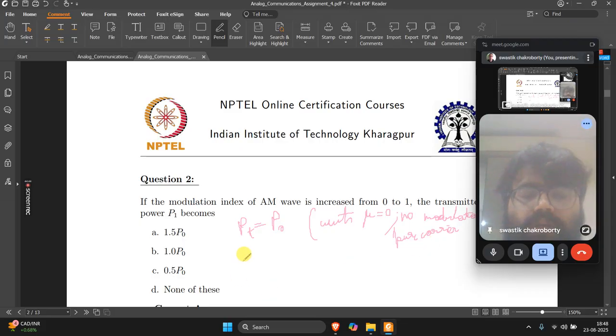Now, second, when the modulation index is 1, the amplitude becomes mu AC, plus mu AC. This is the modulating amplitude, and it gets added with the carrier amplitude.